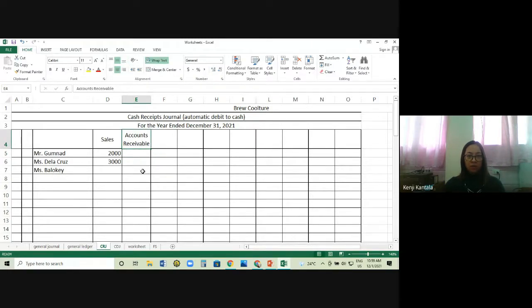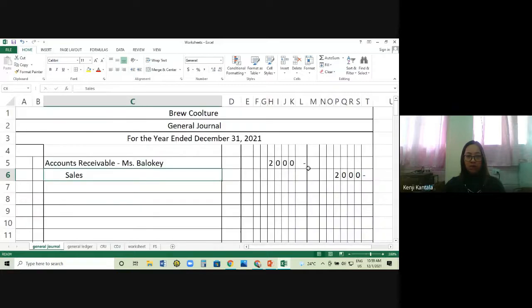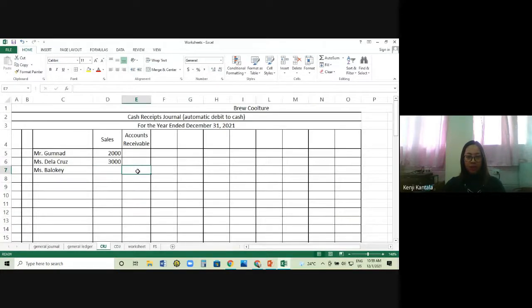The accounts receivable we recorded here is 2,000 pesos. So, the same, 2,000 credit to accounts receivable. So at least we have recorded our receipt of cash and the removal of accounts receivable from the account of Miss Baloke.